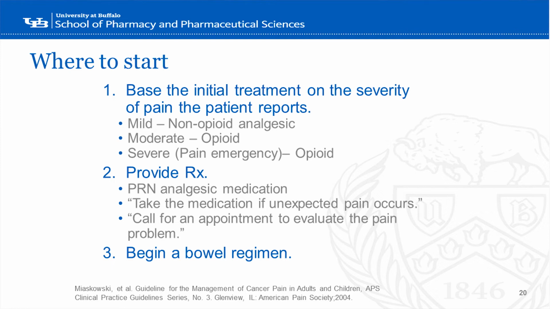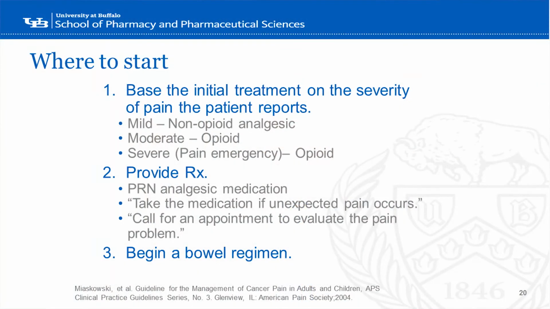For moderate pain, we're definitely looking at opioids, and when we get to severe pain, we really should consider this a pain emergency. And if we remember back to some of the doses that you would give at this severe level, an IM or IV morphine dose of 10 milligrams or a PO dose between 15 and 30 milligrams would be appropriate to start at this severe pain level.